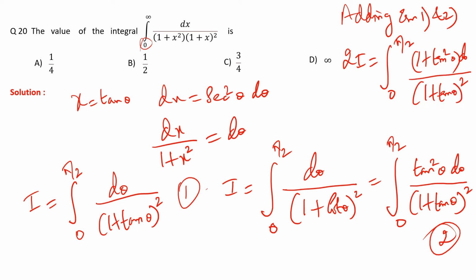Because denominators of both of these integrands were the same, so LCM is just 1 plus tan theta whole square. Now in this particular integral, if I put tan theta as, suppose, t, I am putting tan theta as t over here. What do I get now?